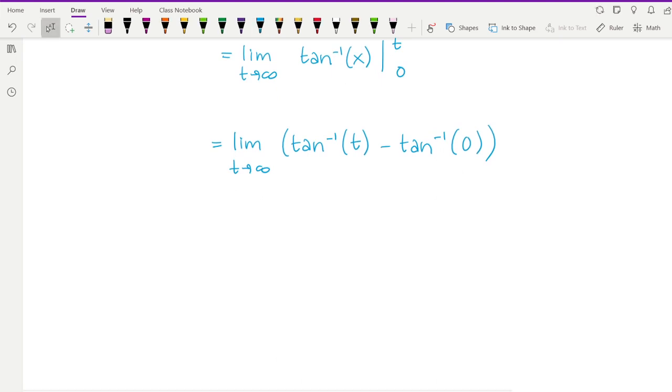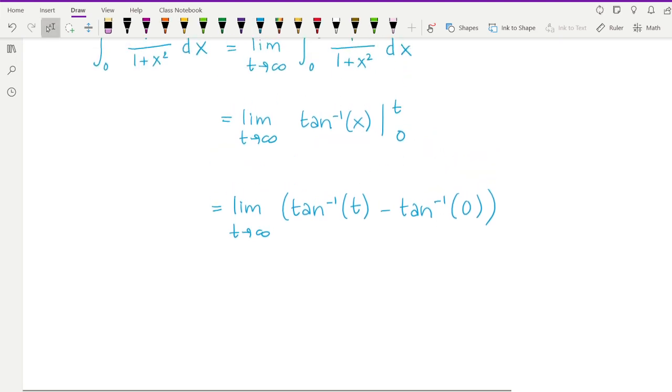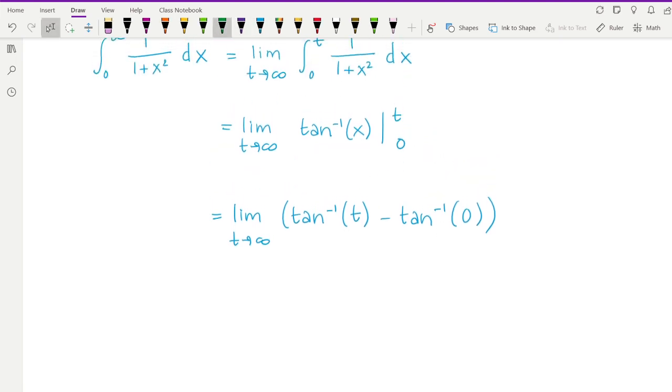So inverse tangent of 0, that's just a number, right? We don't need to actually do a limit for that. You could plug that into a calculator, or really what this is asking is, tangent of what angle is equal to 0? What does that angle theta need to be? And specifically for inverse tangent, we're looking at angles between -π/2 and π/2.